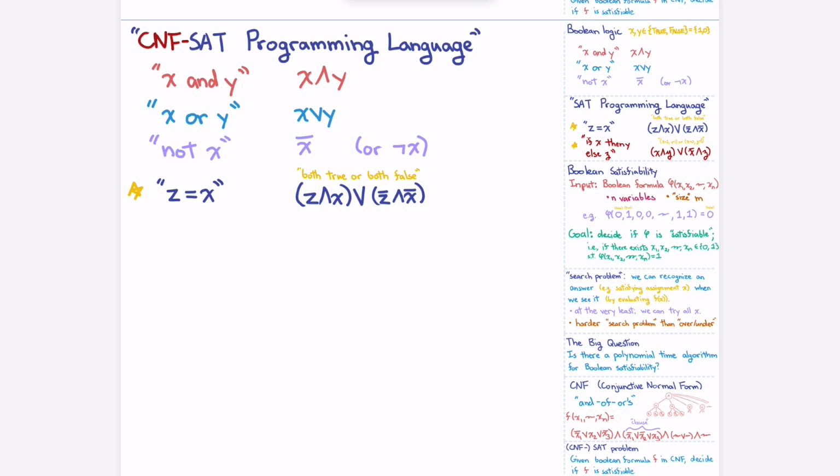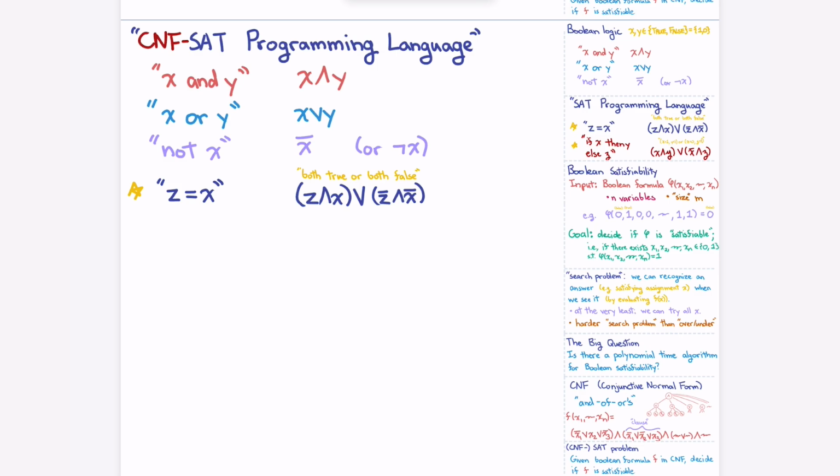The three isn't relevant. It just needs to be an AND of ORs, whereas this is an OR of ANDs. Okay, we can use De Morgan's law.